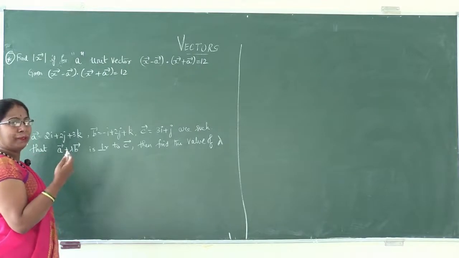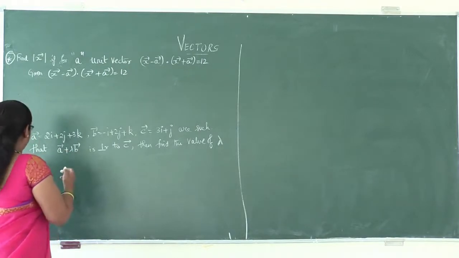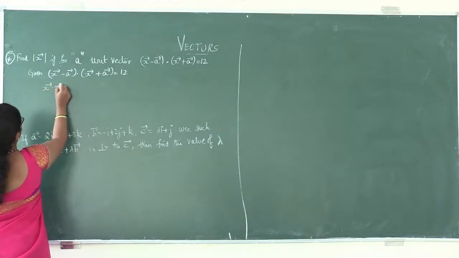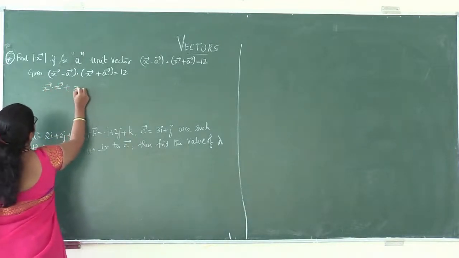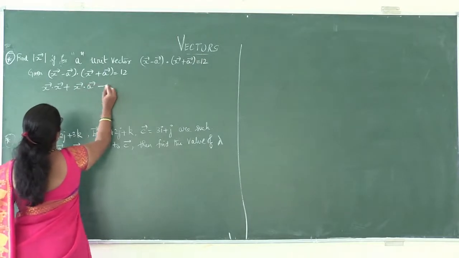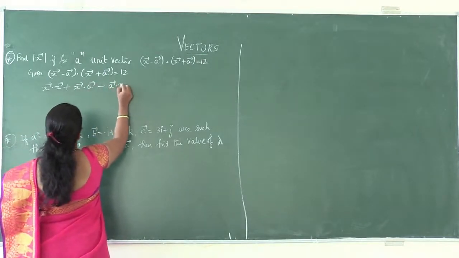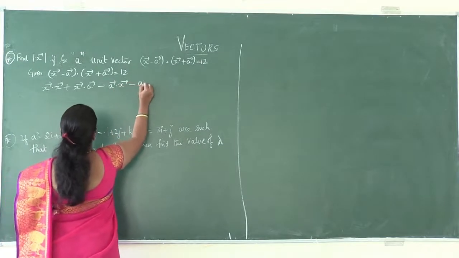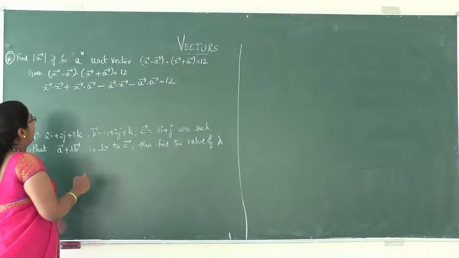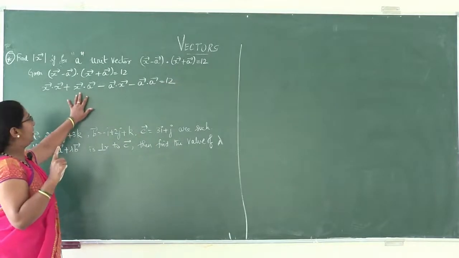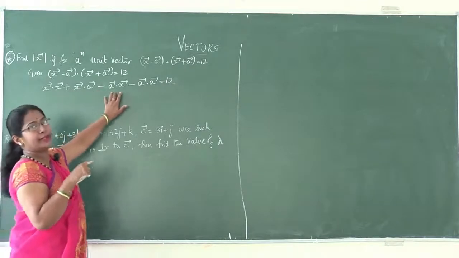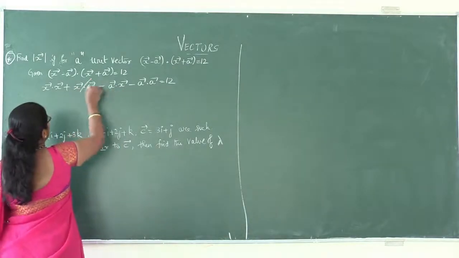We shall multiply the dot products now. Vector x into vector x can be written as vector x dot vector x plus vector x dot vector A. Similarly, multiply the second term now, minus vector A dot vector x minus vector A dot vector A is equal to 12. Since dot product is commutative, plus vector x dot vector A minus vector A dot vector x gets cancelled.